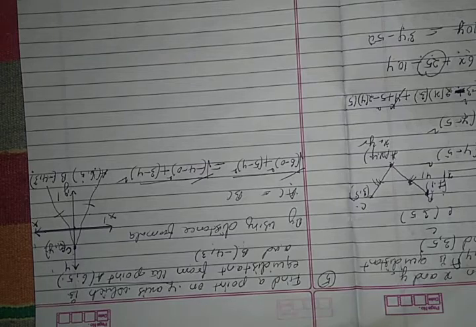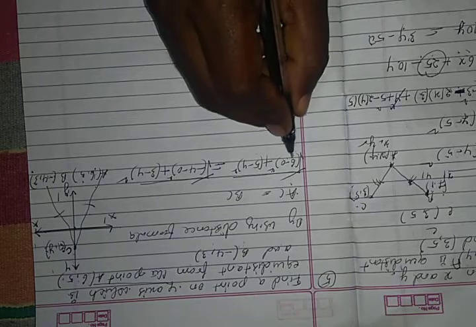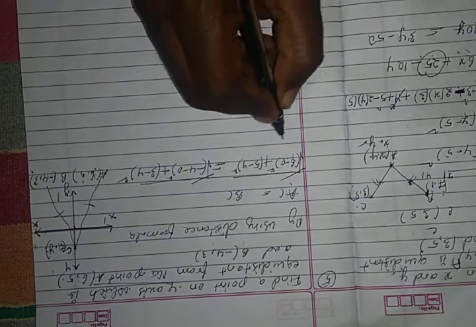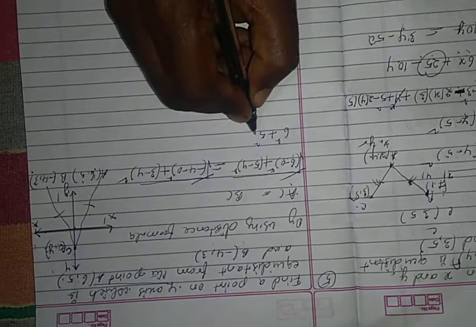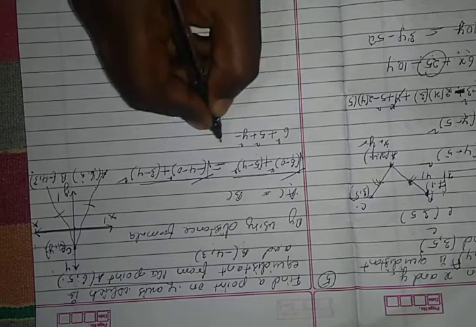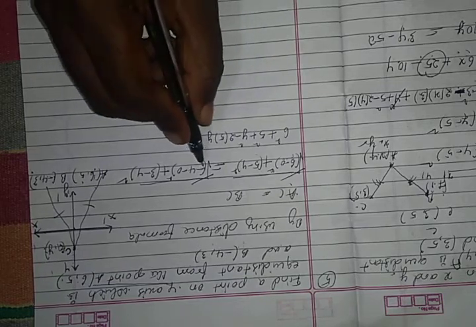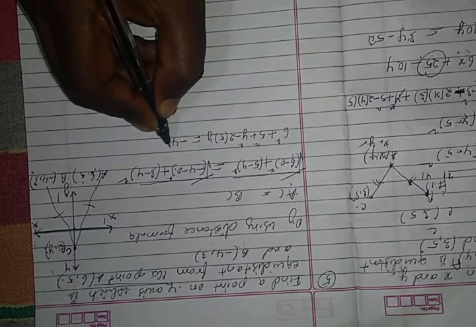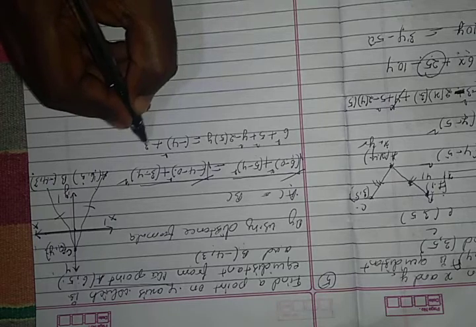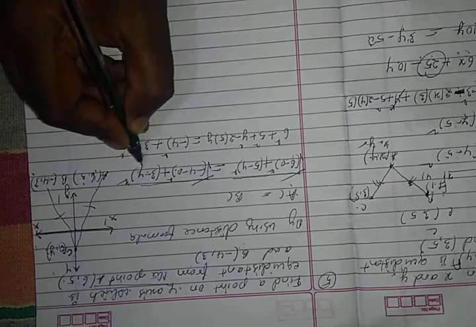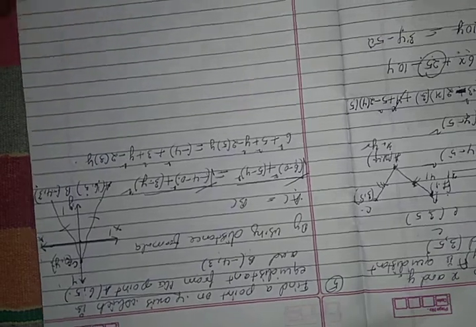Now 6 minus 0 is 6, that is 6 square, and 5 minus y whole square is a square plus b square minus 2ab. It is equal to minus 4 whole square plus 3 minus y whole square, which is again a square plus b square minus 2ab.